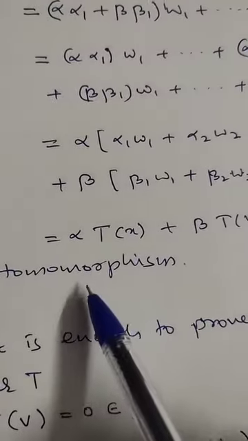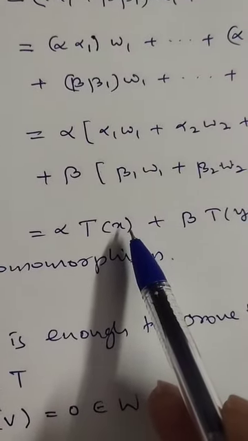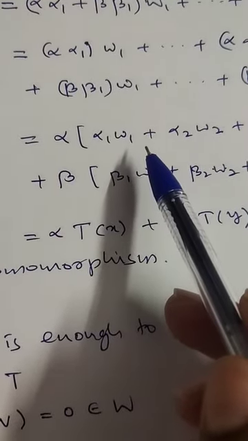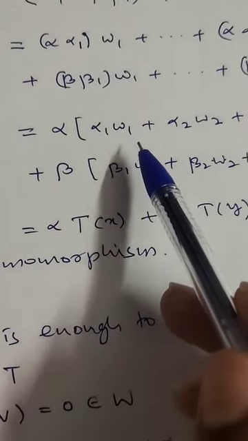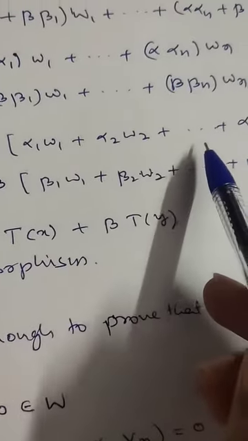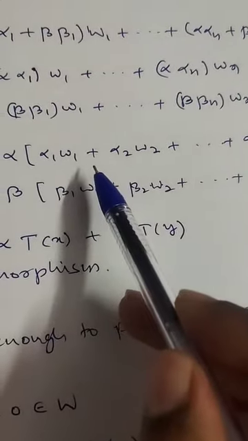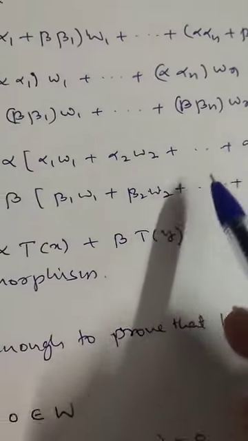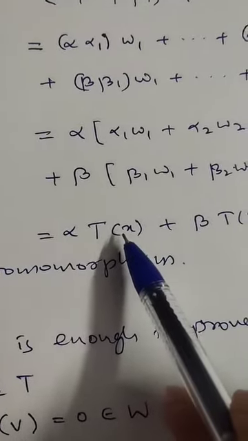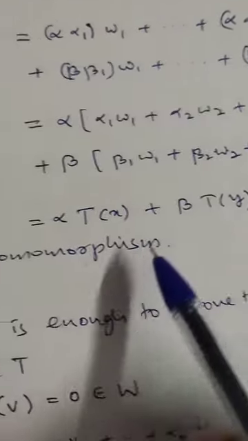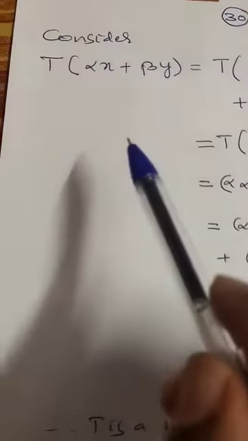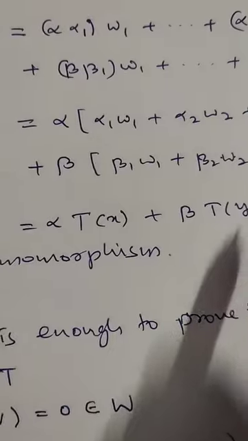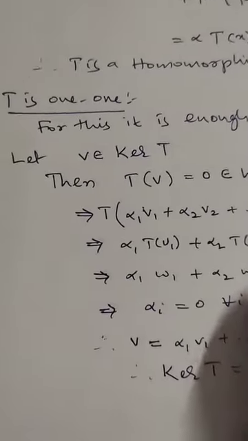So this is alpha into T of x, because alpha 1 w1, etc., are the images of T of alpha 1 v1, alpha 2 v2, etc., alpha n vn, but that is nothing but x. So alpha into T of x plus beta into T of y. Therefore we have shown that T of alpha x plus beta y is alpha into T of x plus beta into T of y. Therefore T is a homomorphism.